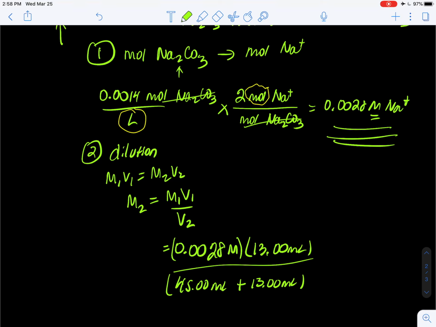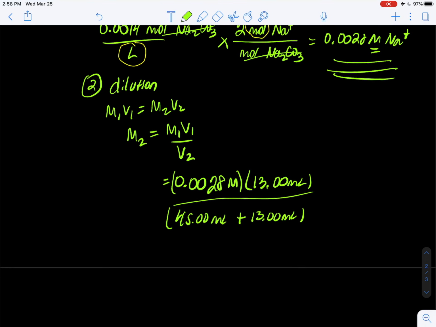So let's see what my calculator shows. Oops, I forgot to put parentheses. I might have messed that up. Nope. Okay, so that's the sodium ion concentration. I'm getting 6.3 times 10 to the minus 4 molarity. Okay.